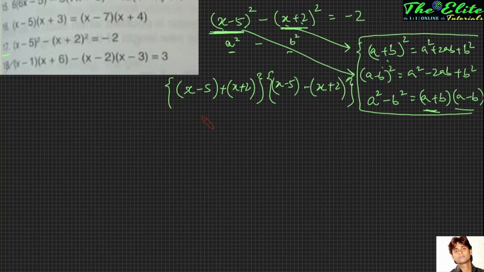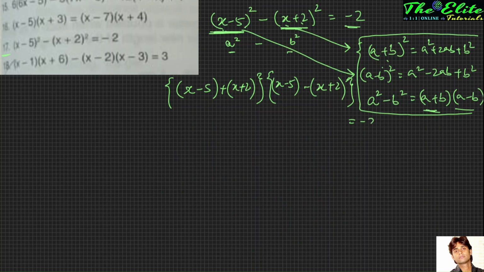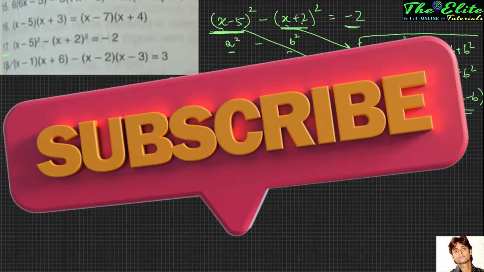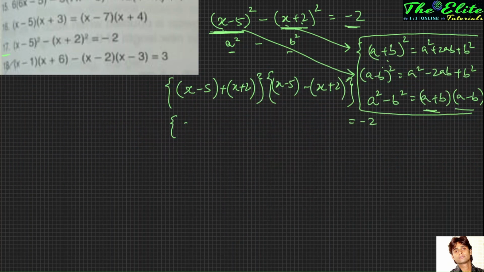Now it's easy, and further you see that that is equal to minus 2. Now see here what will give you. I'm just using the middle bracket again so that you are not confused. Later on you can remove this middle bracket too.